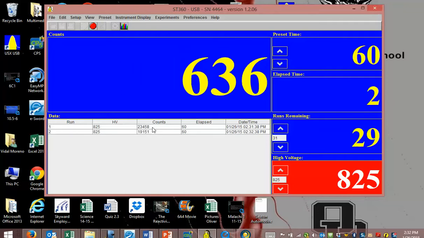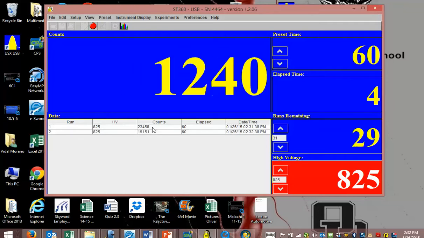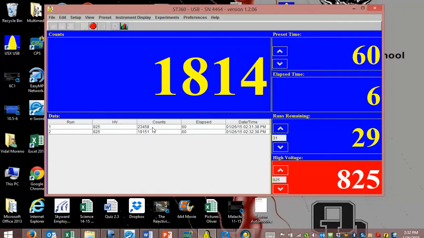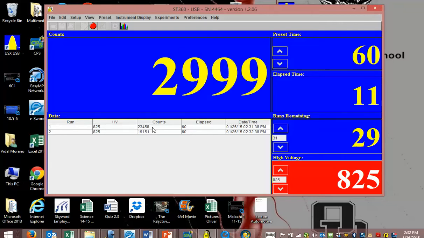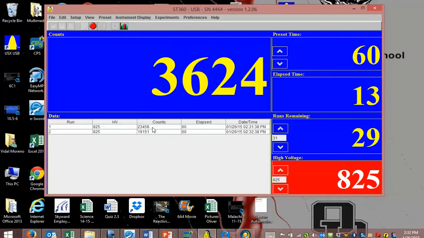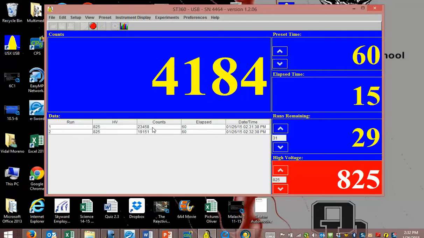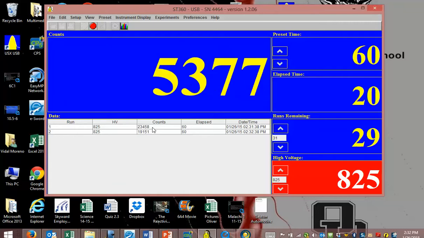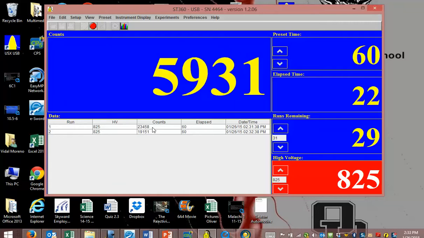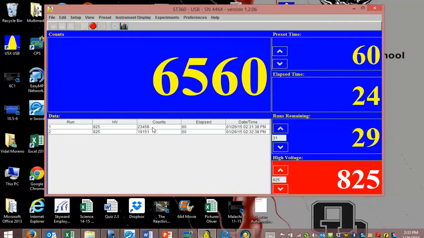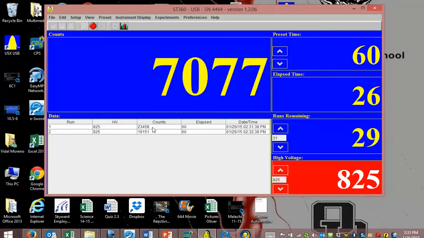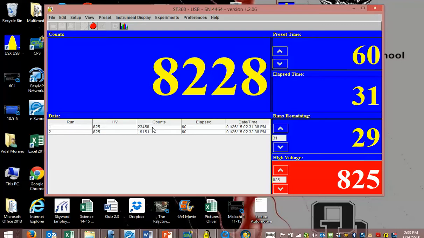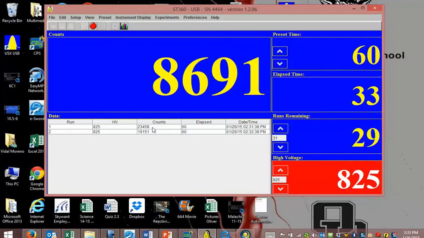Of the 23,485, can we say that all of those radioactive decays came from the barium? No. On the average, 28 of those came from the air around it. So every time you take a reading, and you will take 30 of these readings, you need to subtract 28 from it.